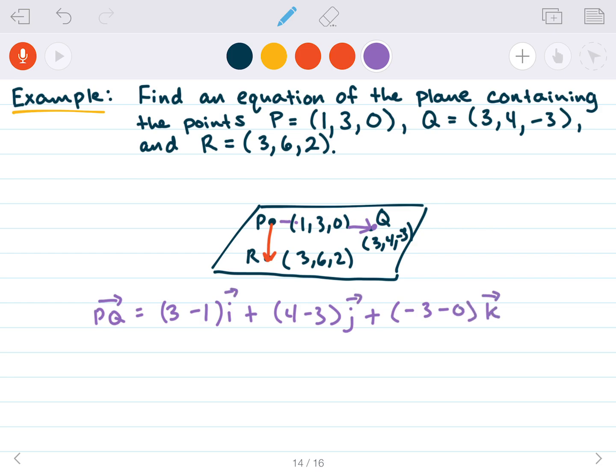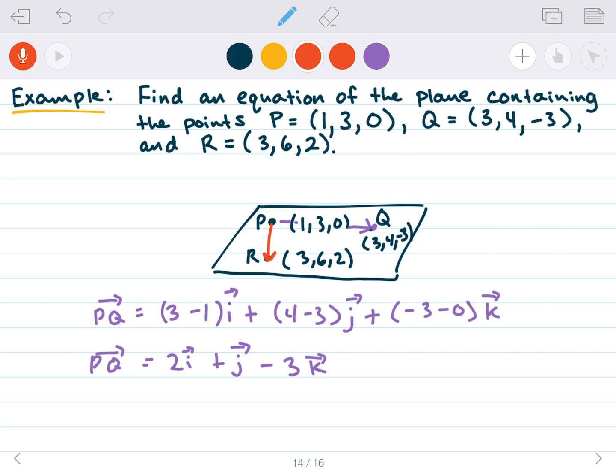Then if we simplify this, our displacement vector is equal to 2i plus 1j minus 3k. Okay, so that is PQ.